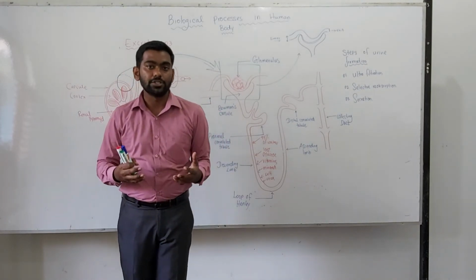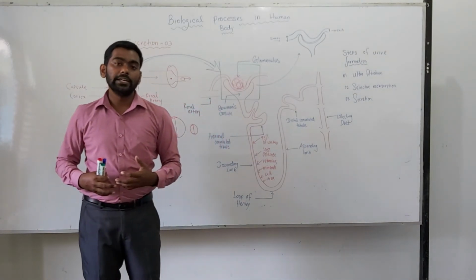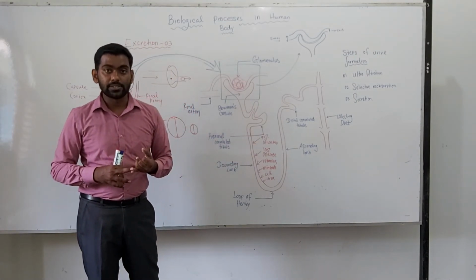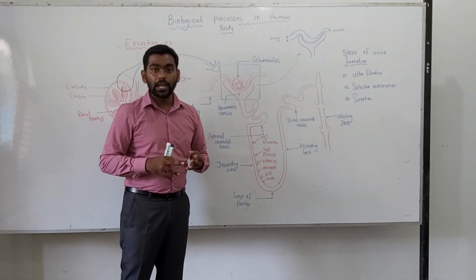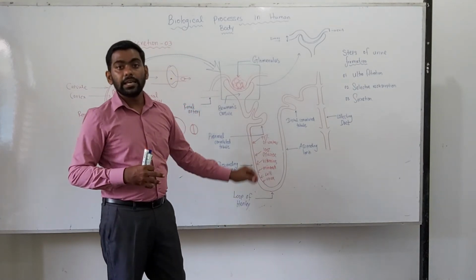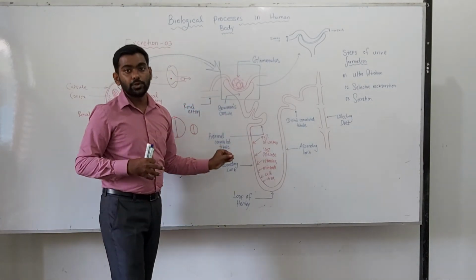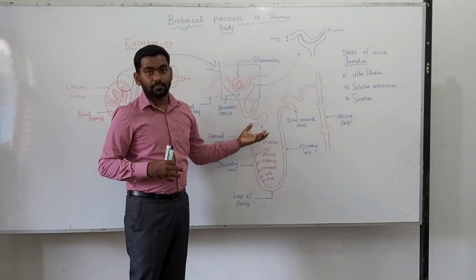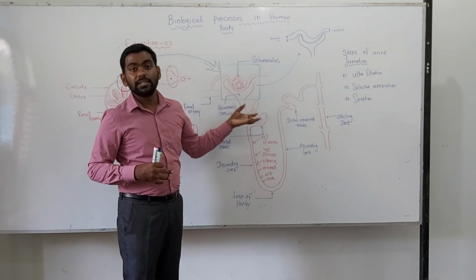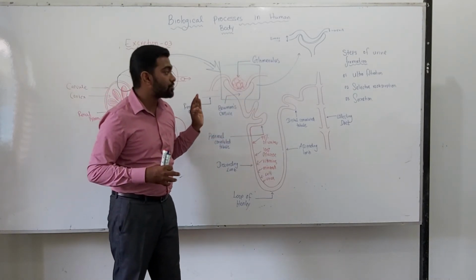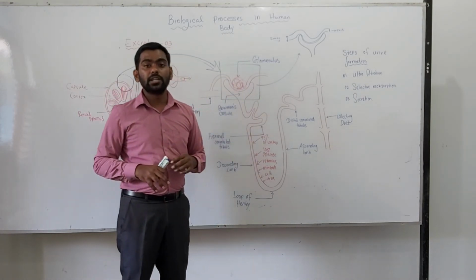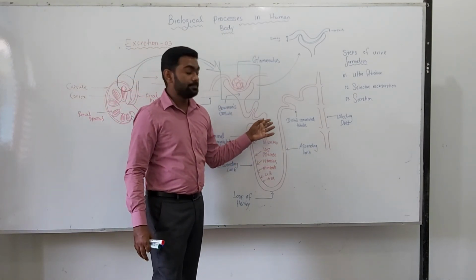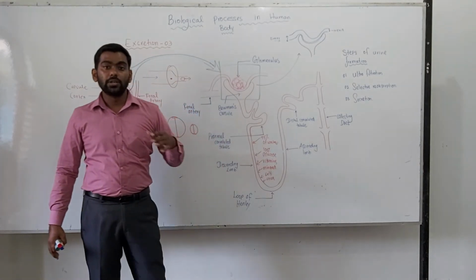And how does it happen? What are the materials secreted in this way? Mainly some ions, H+ ions, K+ ions, chlorine ions, Cl- ions, and medicine materials that you have consumed, and then medicine and some amount of hormones will be secreted forcefully into the nephrons in order to be released as the urine product.